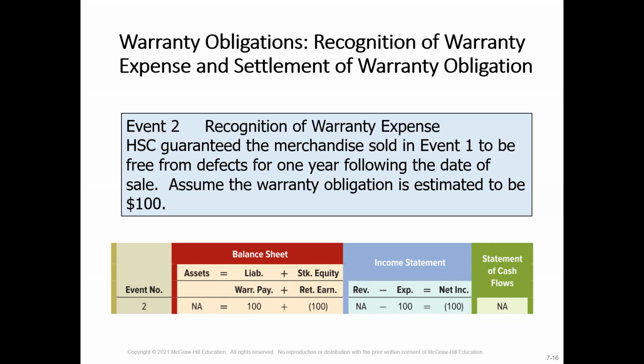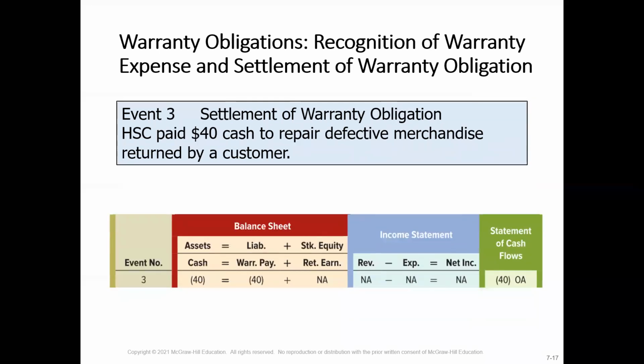So we actually had a warranty claim in event 3. The customer returned defective merchandise. HSC worked on the merchandise, had to pay for some parts, so this would be for the payment of the parts. So we would have spent cash of $40,000, and we would have a warranties payable.